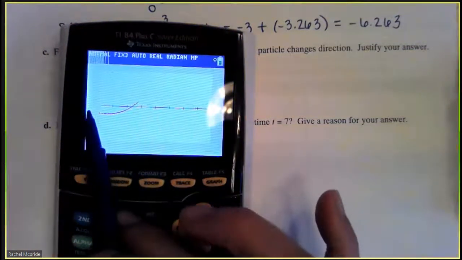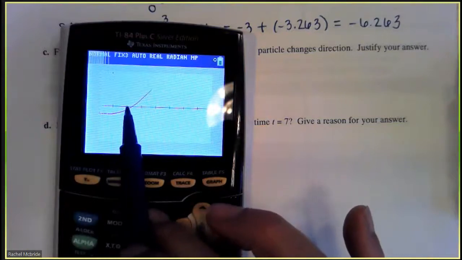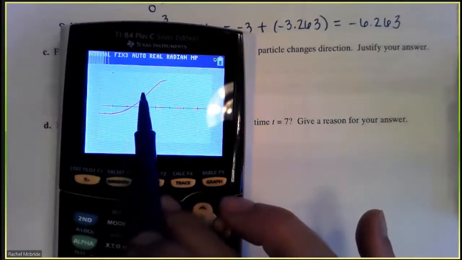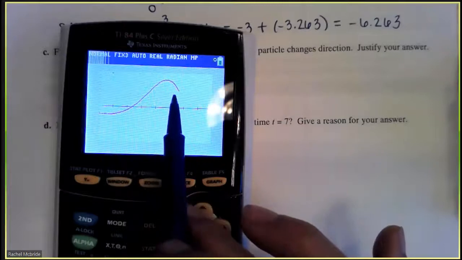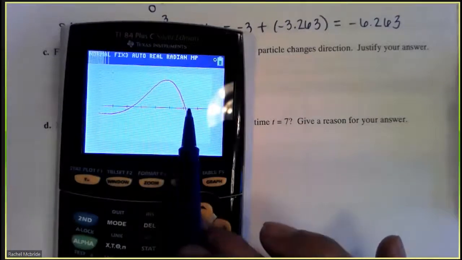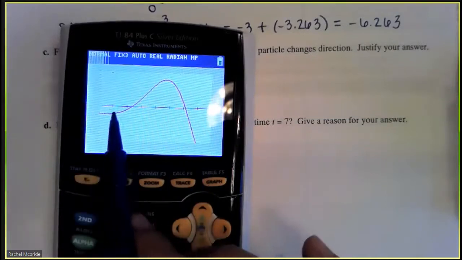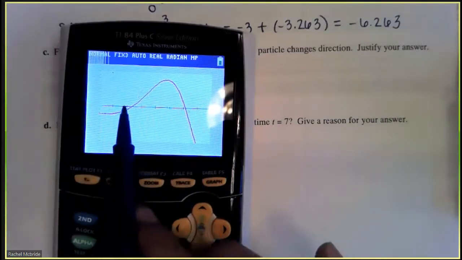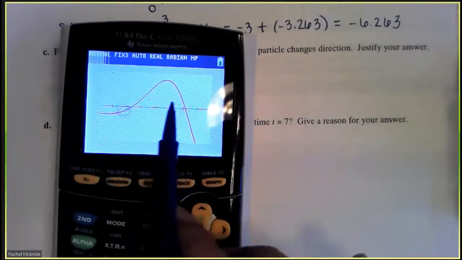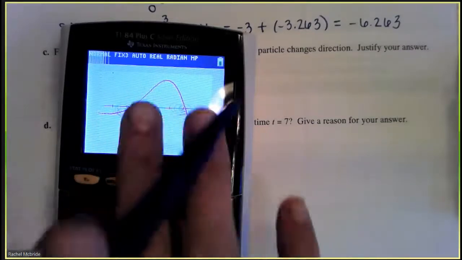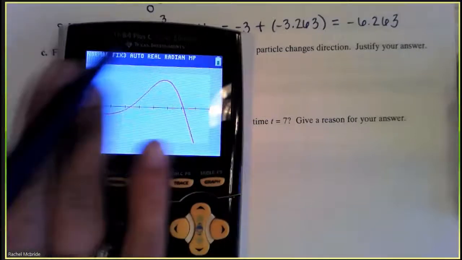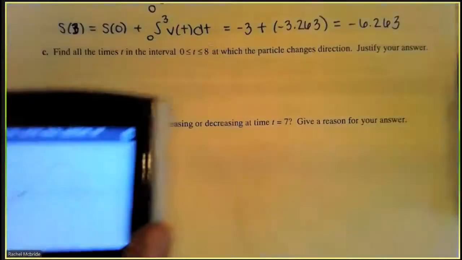Velocity starts in the negatives. It hits 0 right here, goes up to the positives. Velocity is coming back down, hits 0 again and becomes negative. So the velocity graph has 2 sign changes, a sign change over here and a sign change over there. That tells me that there are 2 times the particle changes direction.